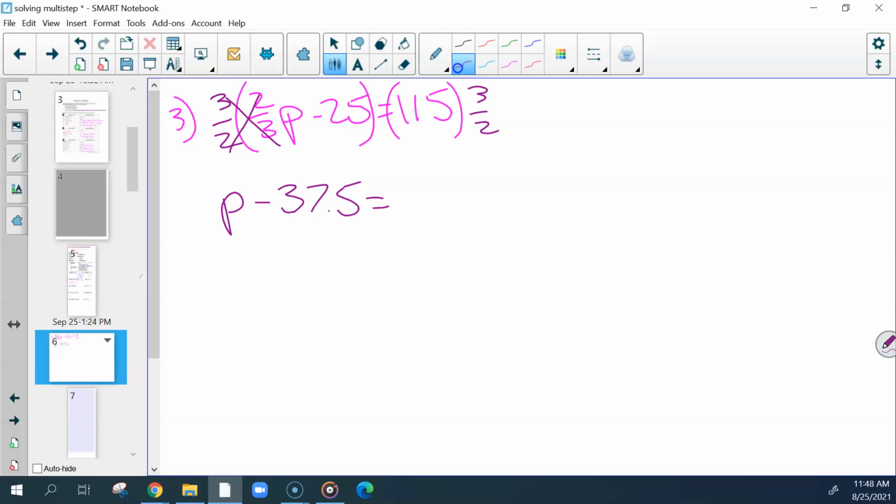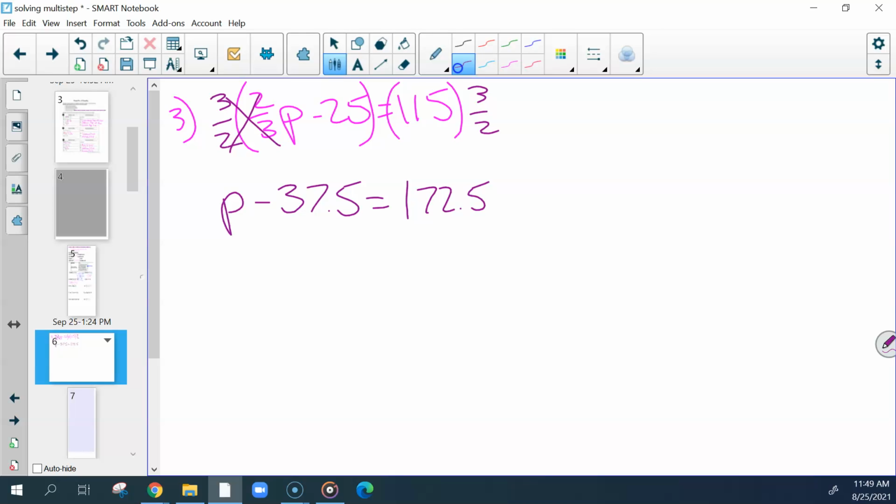And then 115 times 3 halves, or 115 times 3, and then divided by 2. What would that be? Multiply by 3 and then divided by 2?